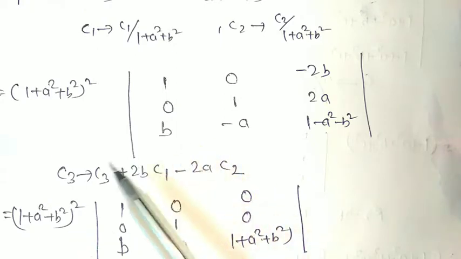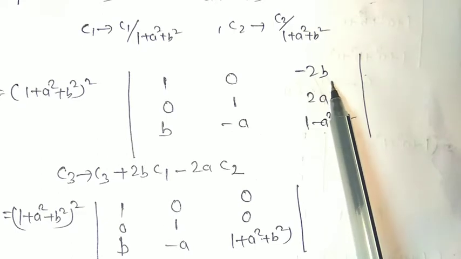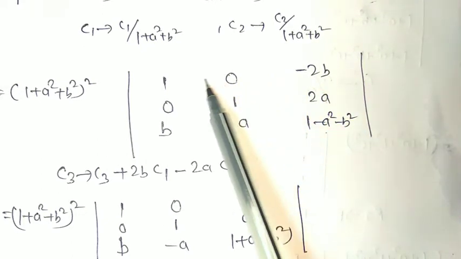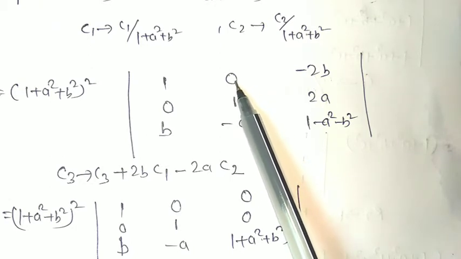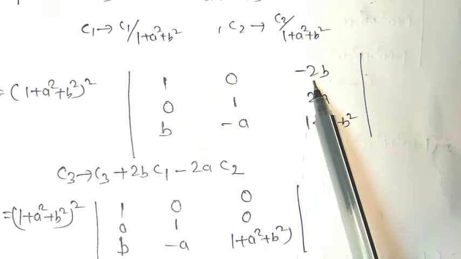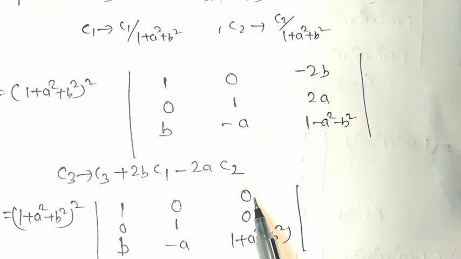We multiply 2b to the first column and 2a to the second column. So for the first element of the third column, minus 2b plus 2b is 0, and we get 0 here.